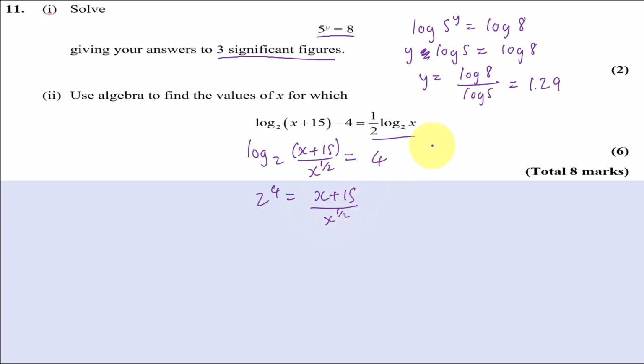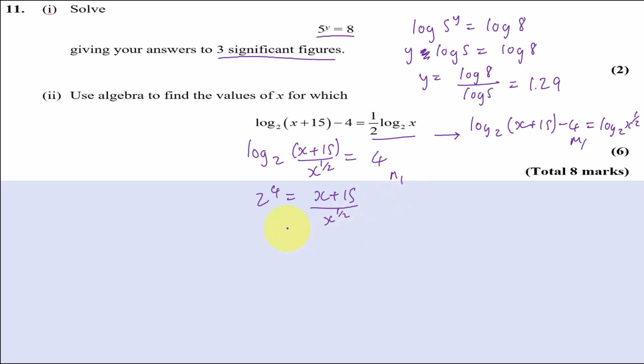Now you should arguably for a method show one step, so I've looked at the mark scheme and they do give you a mark for using that power law. Okay, but I think if you can use it here, that's implied anyway, but just to be safe, don't jump too many steps.